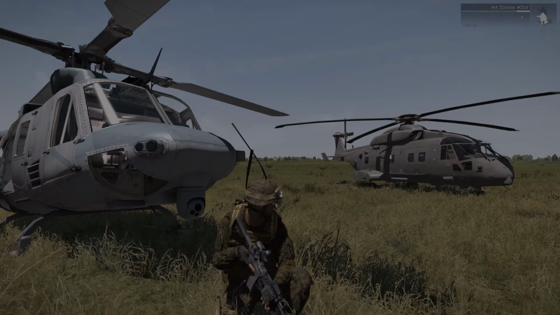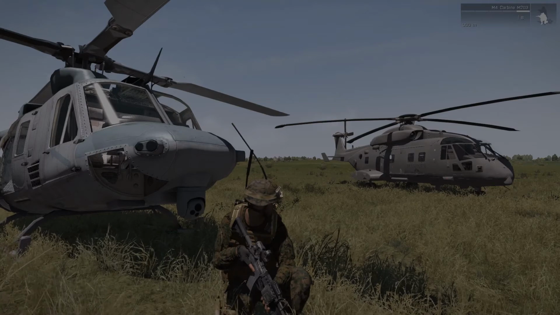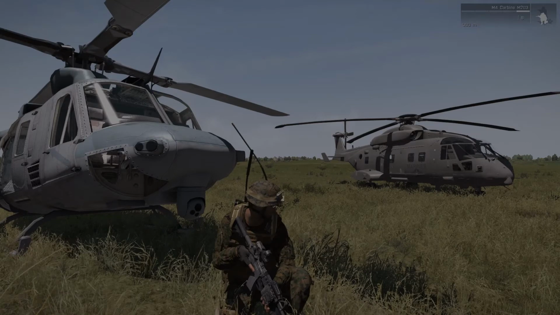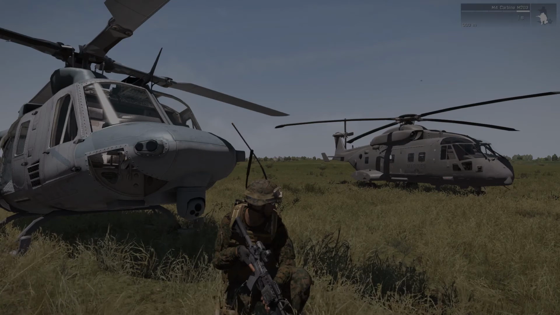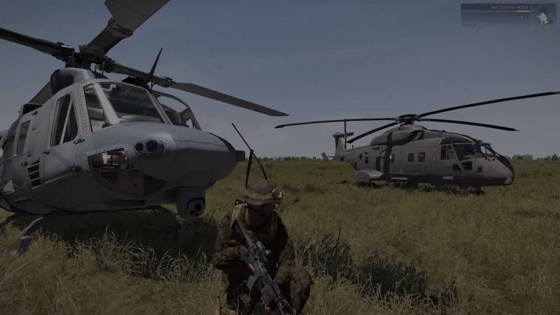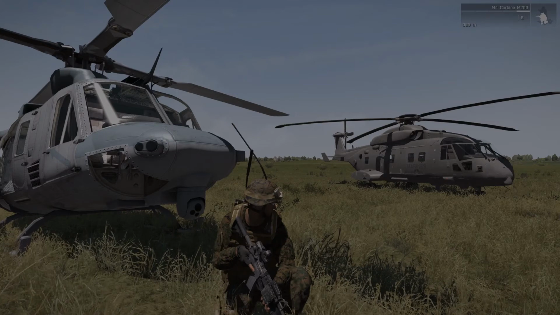Today we're going to be going over what's known as a casualty evacuation, or short CASEVAC. It's similar to a medevac, however it's using birds such as the ones behind us that are not designated medevac birds. The purpose of a CASEVAC is to get casualties out of the combat zone as quickly as possible when there aren't dedicated medical birds in the area, or because it's too dangerous to get those birds in the area.